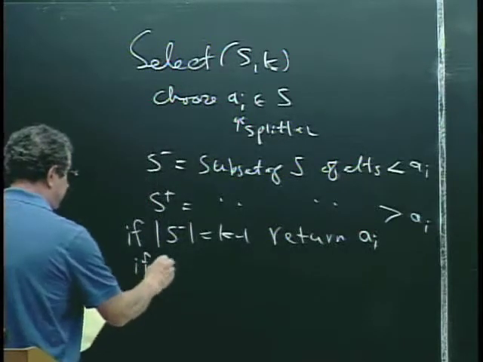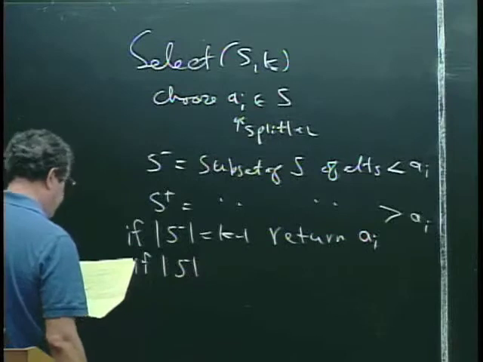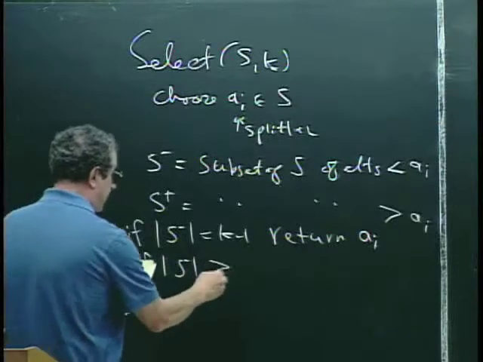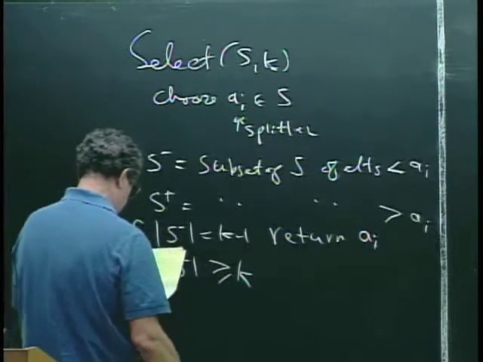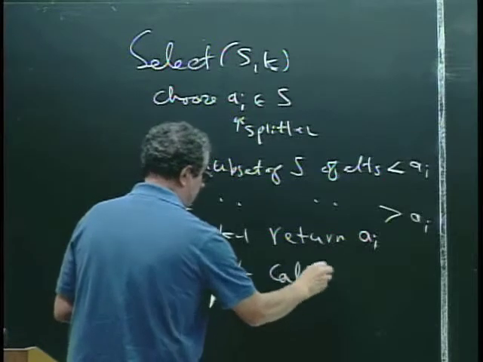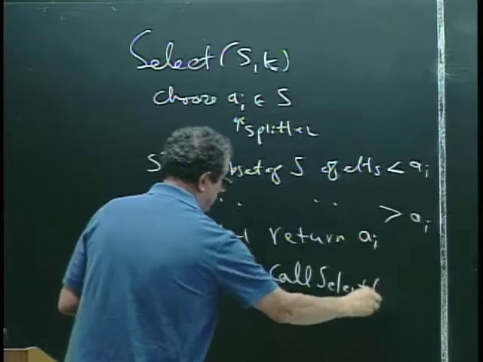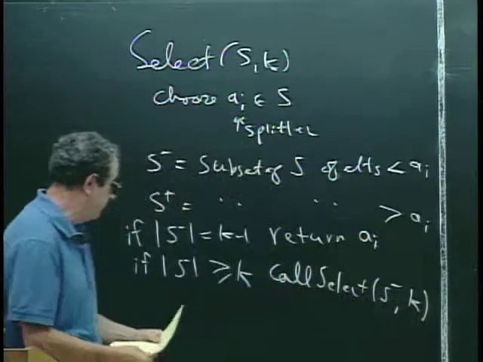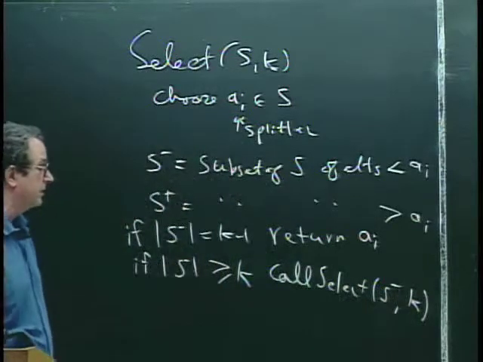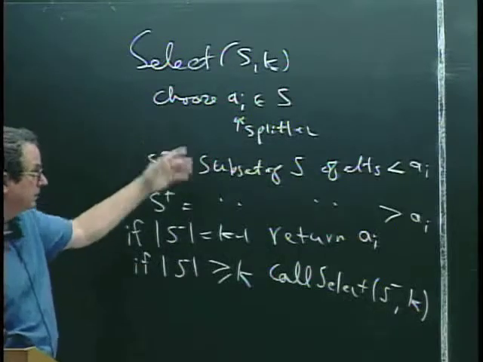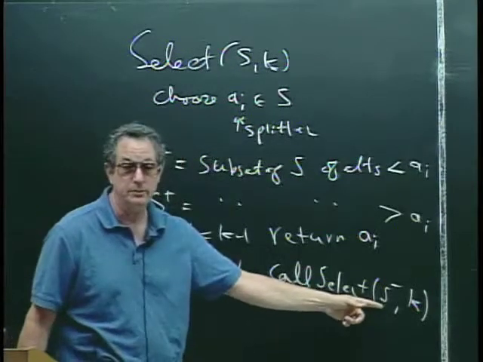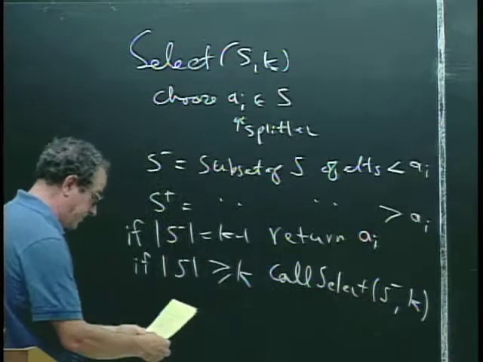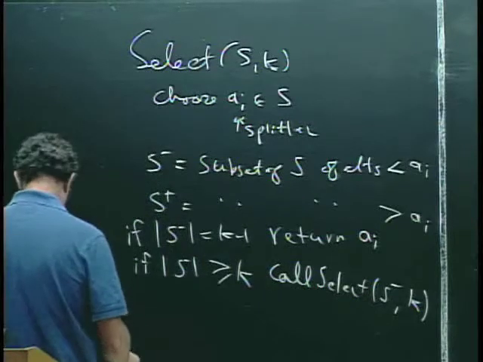But if the size of S minus is greater than or equal to k, then we call select of S minus, k, and we argued last time that when this occurs, we know that the kth smallest element in S must in fact be in S minus. And so we're still looking for the kth smallest in S minus.